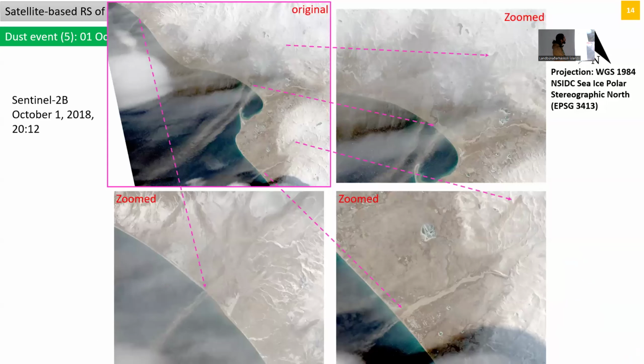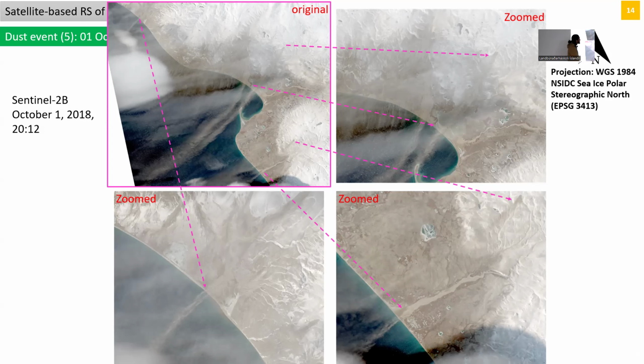Here is a higher resolution image of the previous event of Banks Island. This is the Sentinel-2B image of the region. The top left is the original Sentinel-2 image surrounded by the zoomed images of different sources of dust.